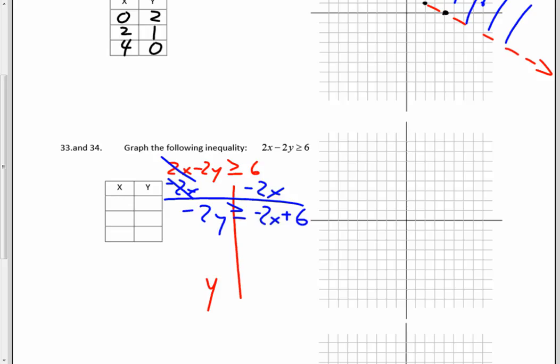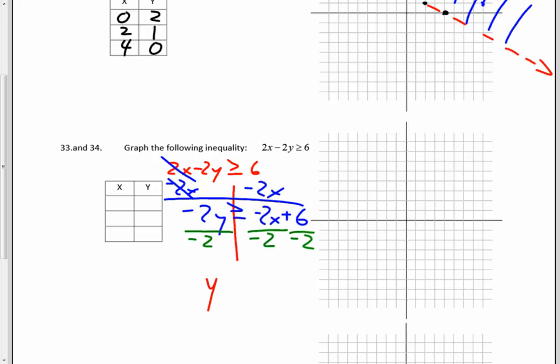How do I get rid of that? Question from previous years: what happens when you divide by a negative? Yeah, you switch the symbol.